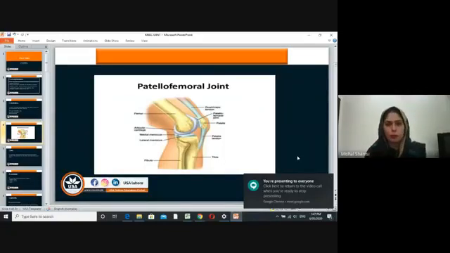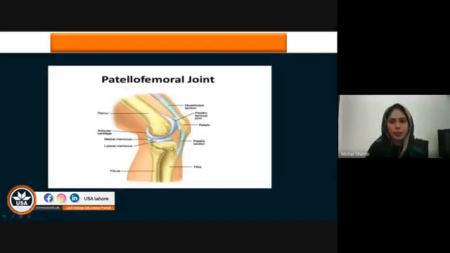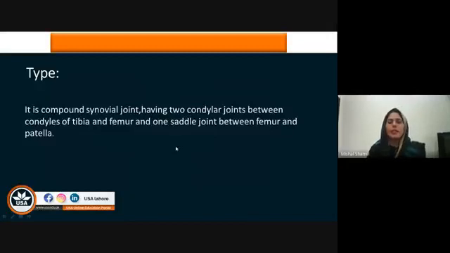Here you can see this is the femur. And here on the medial side, the tibia is present, and this is the patella that is present anteriorly. So your knee joint is basically the combination of three bones: the femur, patella and the tibia.